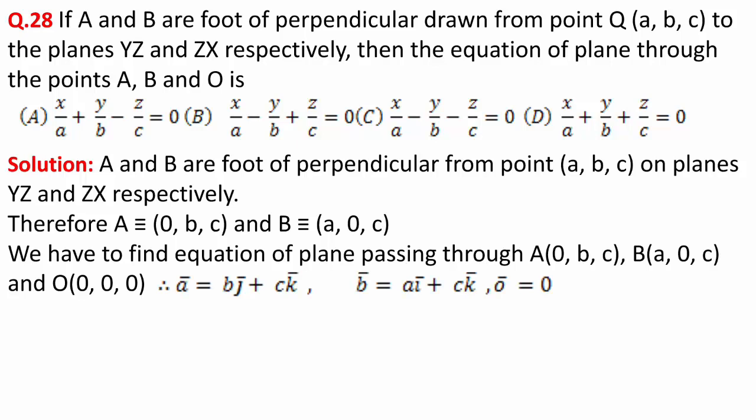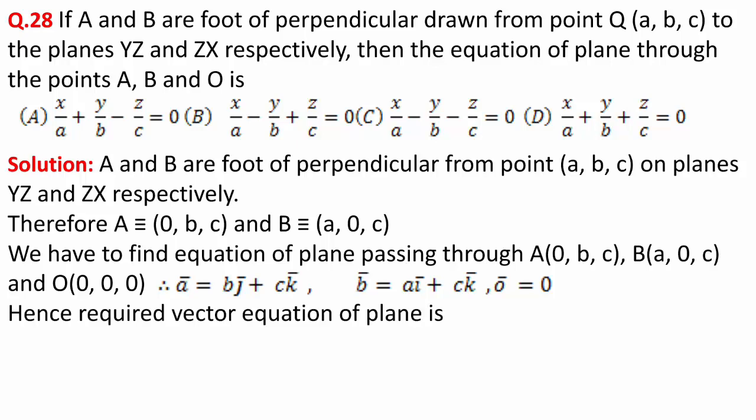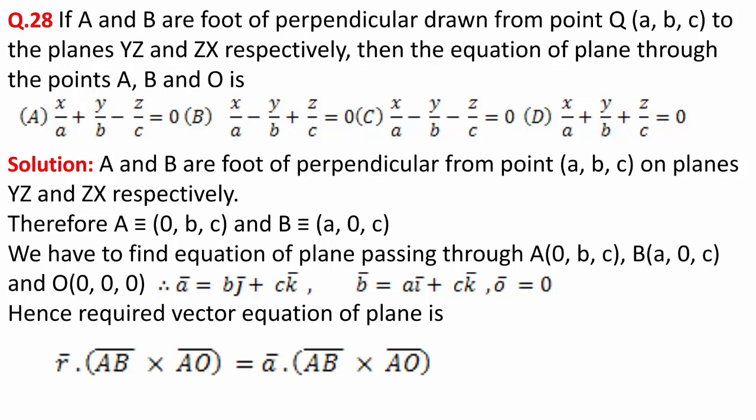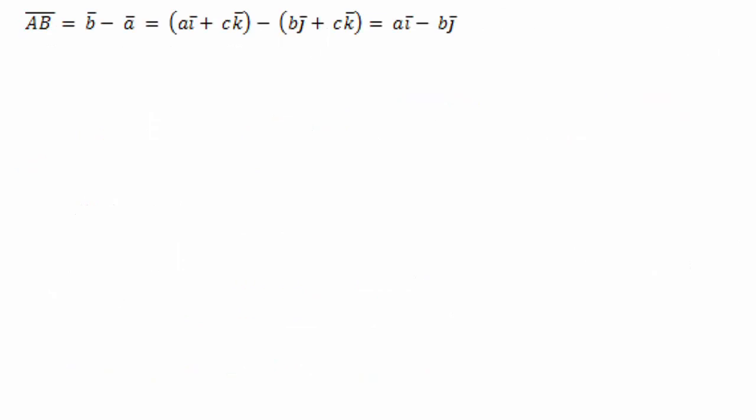Therefore A bar equals bj plus ck, B bar equals ai plus ck and O bar equals 0. Hence the required vector equation of the plane is r dot (AB cross AO) equals A dot (AB cross AO). Here AB bar equals B bar minus A bar, that is ai plus ck minus bj minus ck, which is nothing but ai minus bj.